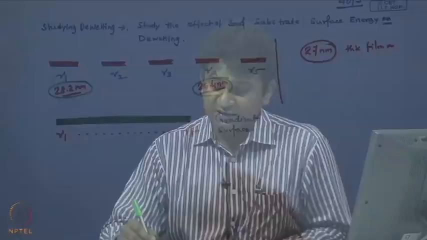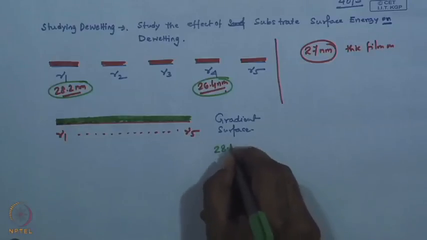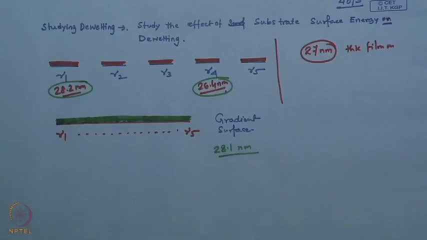Whatever your film thickness is, it is highly possible that you tried to coat a 27 nanometer thick film and you got a 28.1 nanometer thick film, but that 28.1 nanometer thick film is uniform over the entire sample.